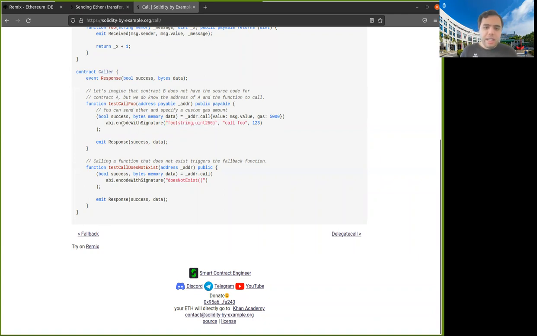And you have ways of converting to that binary format, like ABI.encodeWithSignature. So anyway, my point here is quite simple. You can call functions of other contracts even if you don't have the code of those contracts, as long as they're on the blockchain and you know the name of the function and so on, you can call the functions.